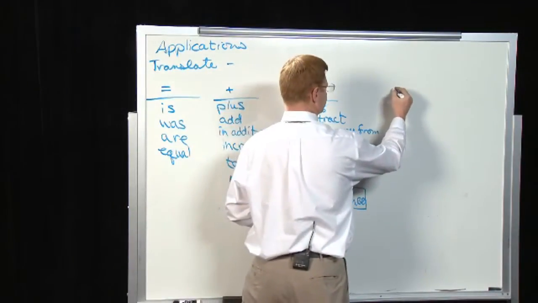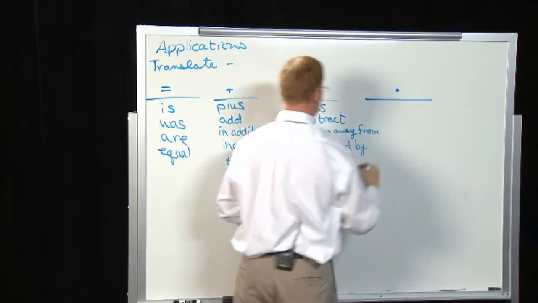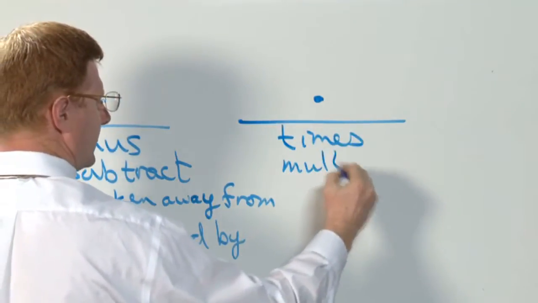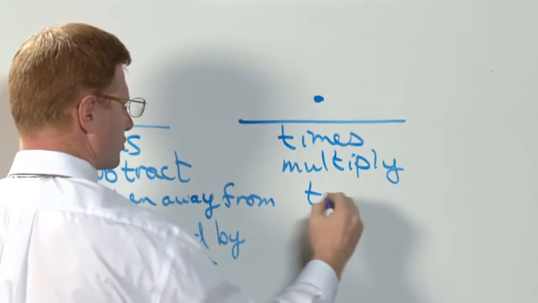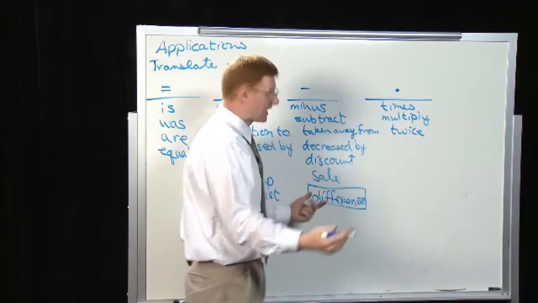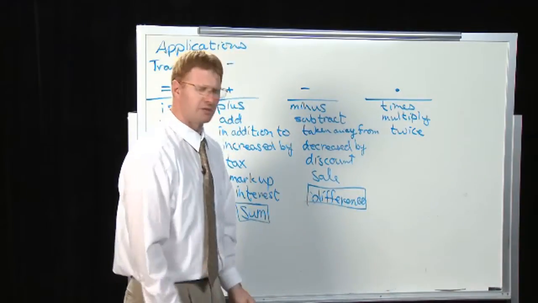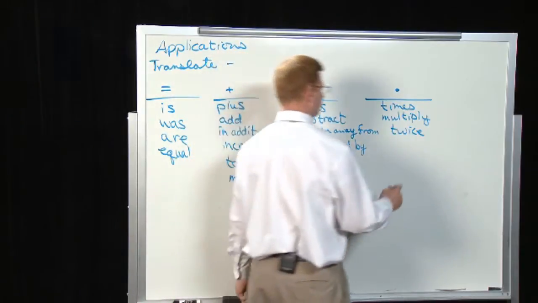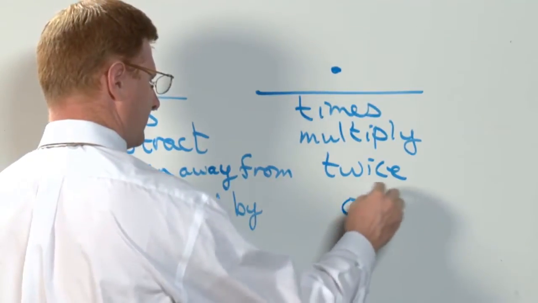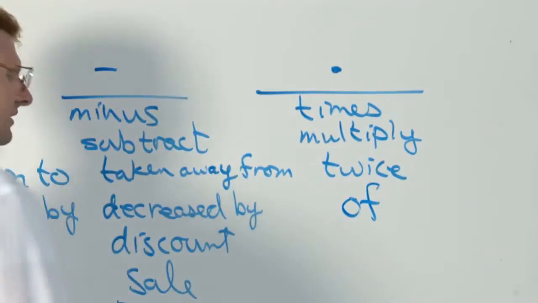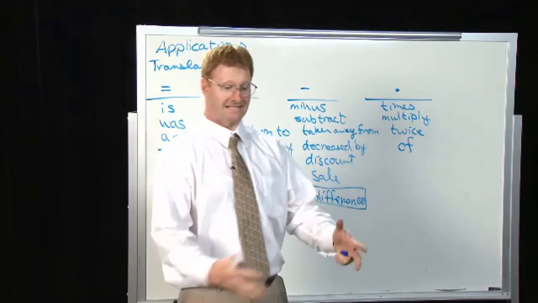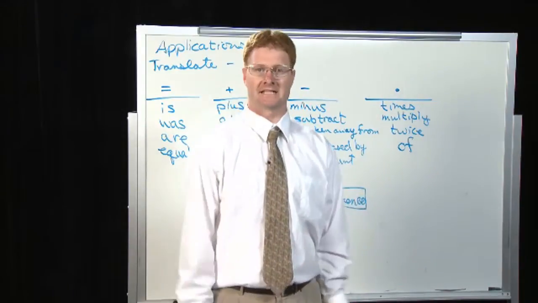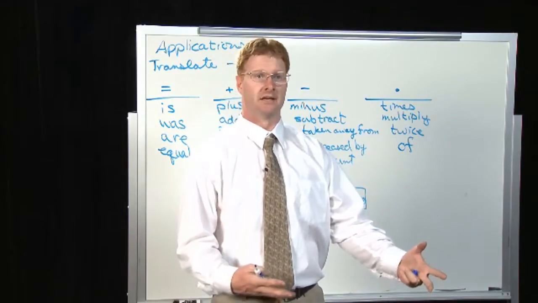So, the next one, multiplication. Have a dot now. So, times, multiply, twice as big, that means 2 times. Thrice as big, nobody uses that very much anymore, but would be 3 times as big. Here's a key, of. The word of. If you have baskets that have 5 apples, and you take 7 of those baskets, the total number of apples would be 35.